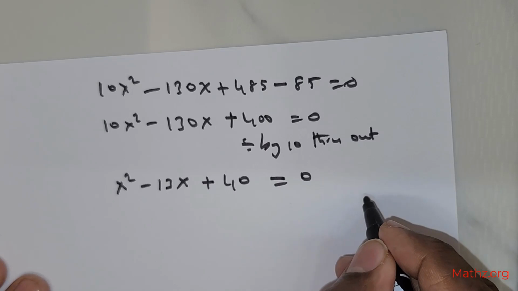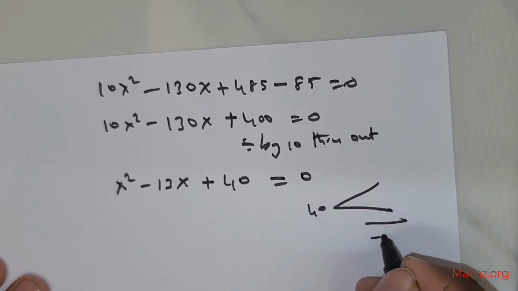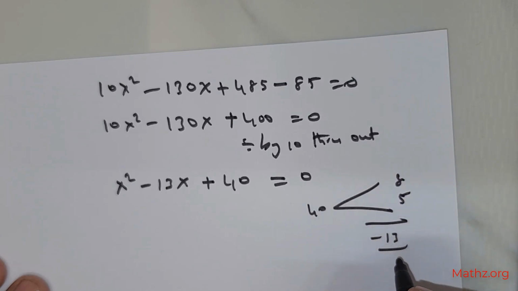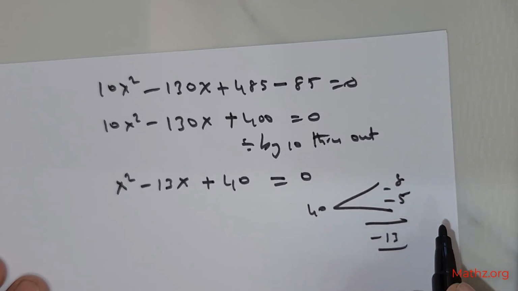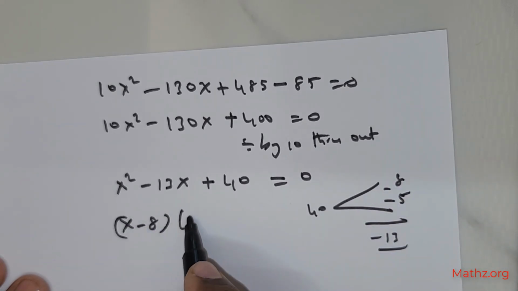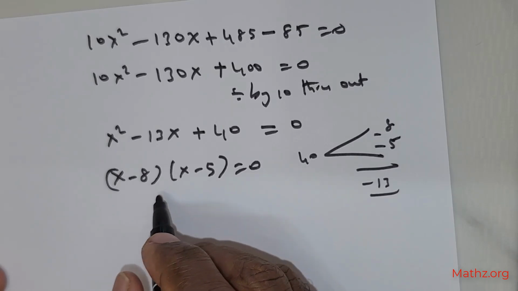Now we can factorize this. I need to get 40, I need to get negative 13. So 8 into 5 is 40, but I need to get a negative sign, so I place a negative sign there. So (x negative 8) times (x negative 5) is equal to 0, right? So that would be the factor.